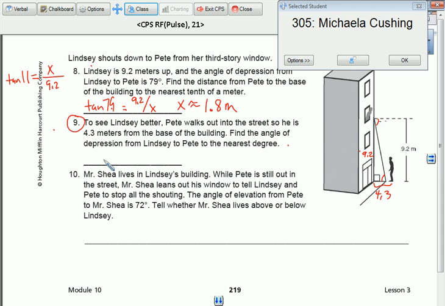Tangent negative 1, and then 9.2 over 4.3. We have a winner. She not only set it up, she went ahead and solved it for me. She told me that I had to use inverse tan. Nice job, Lindsay.